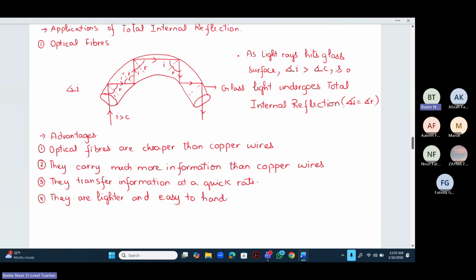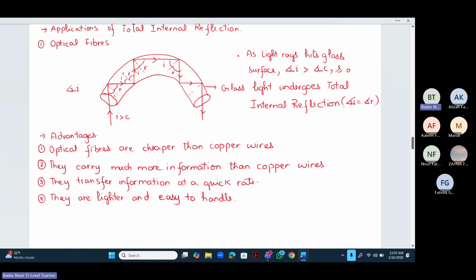Achha, and look, since light, the speed of light is the fastest, which is 3 into 10 to the power of 8 meter per second, and it transfers the information at the speed of light. So that's why it's very fast or very quick. This is the reason that let's say if I am delivering a lecture right now, okay, and you're able to just hear me out within a margin of let's say a few seconds.